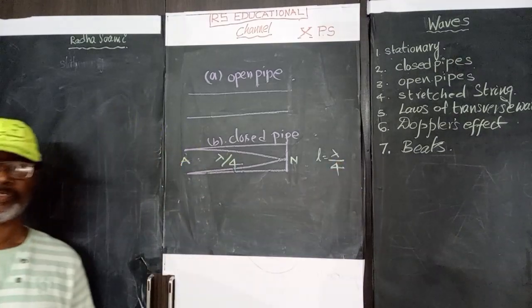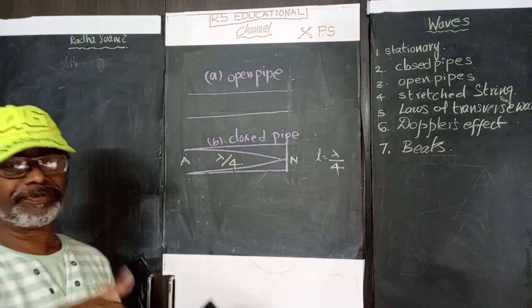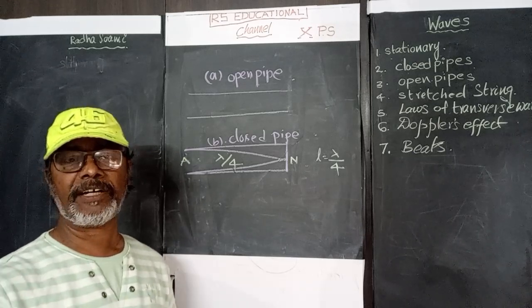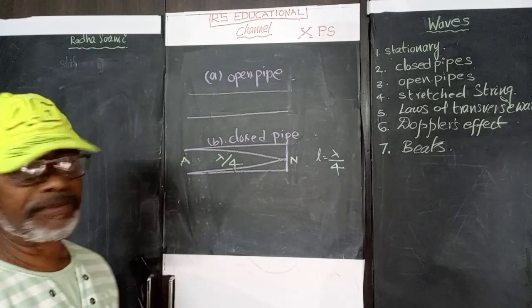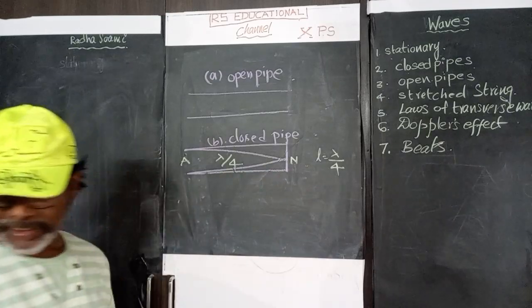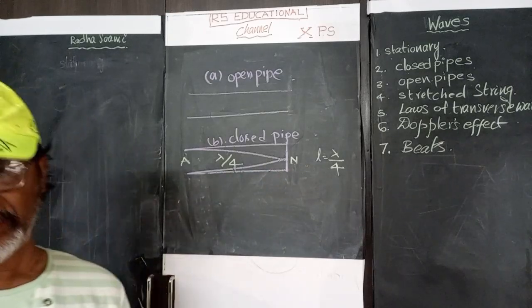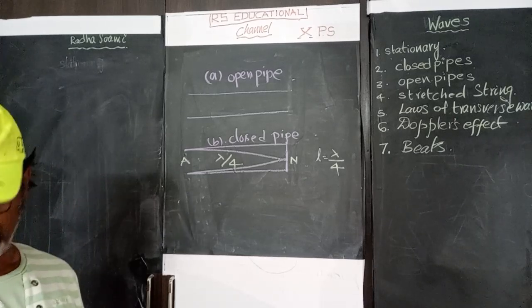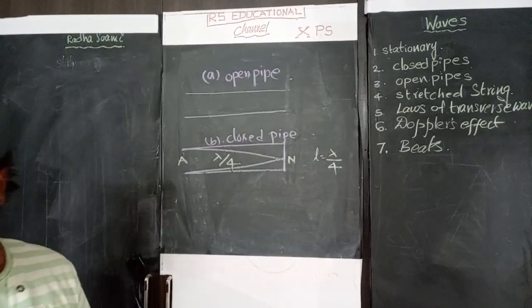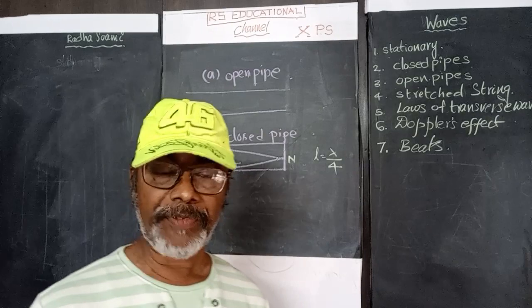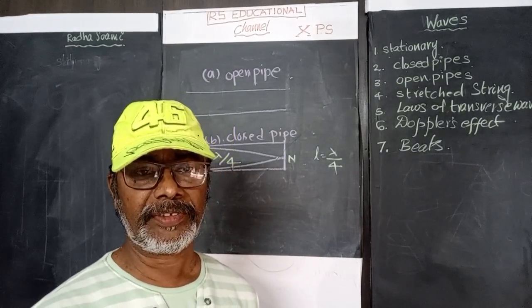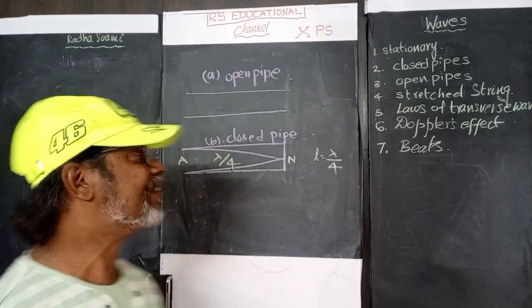For the harmonics, we will see later: first harmonic, second harmonic, third harmonic. Like that we are getting the harmonics. Whereas in the open pipe, both ends are antinodes.